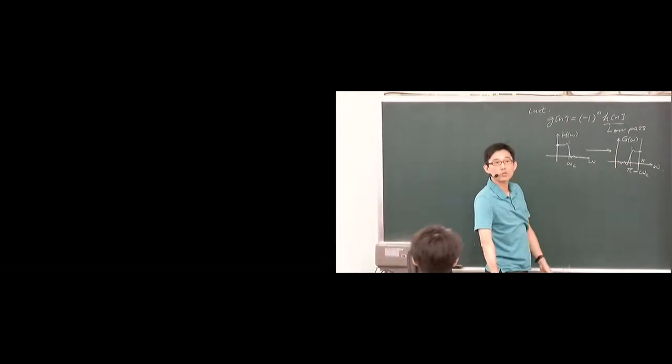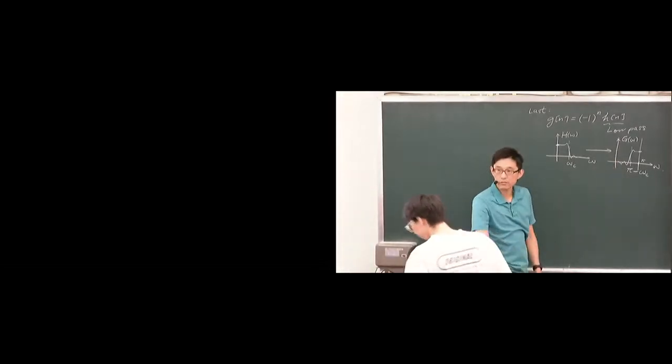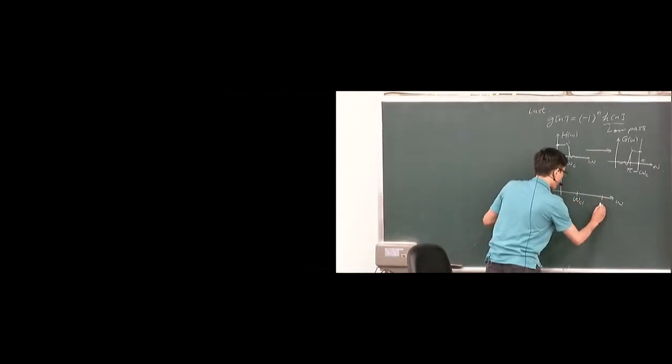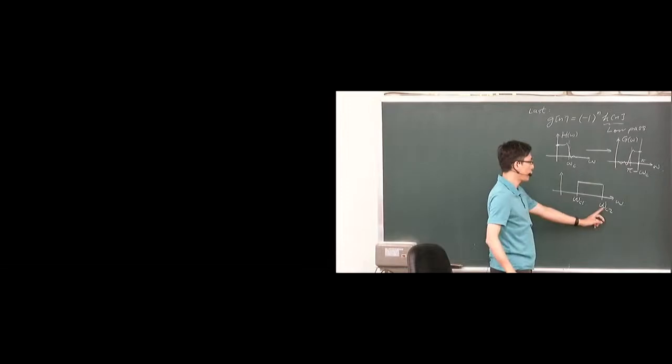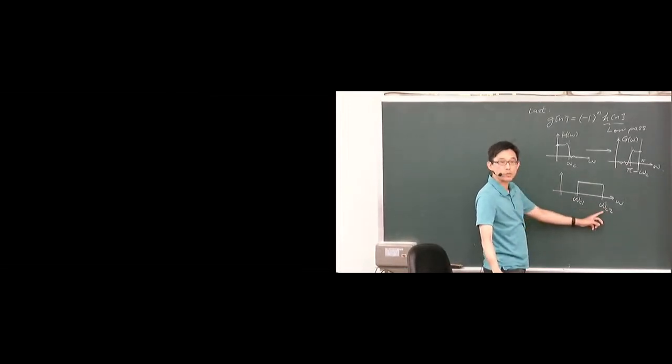Next, you already know how to design a bandpass filter. A lot of the time we want to keep the content from cutoff frequency 1 to cutoff frequency 2, the passband in between two cutoff frequencies, one at the low frequency side, the other at the high frequency side.